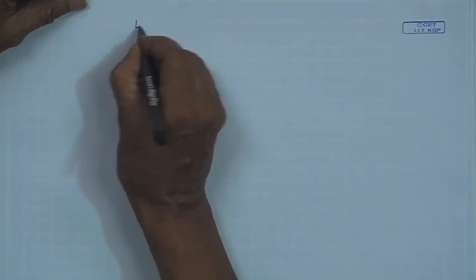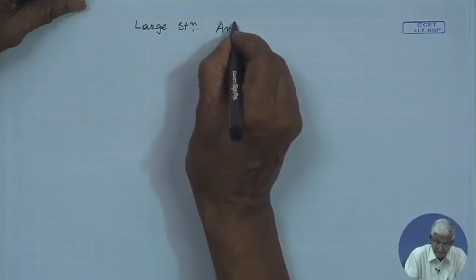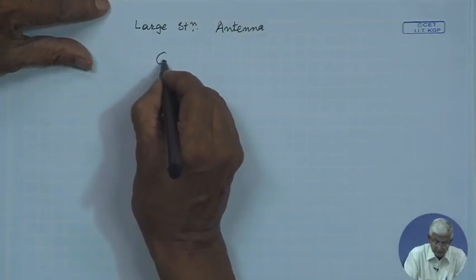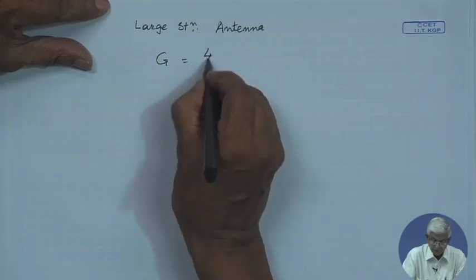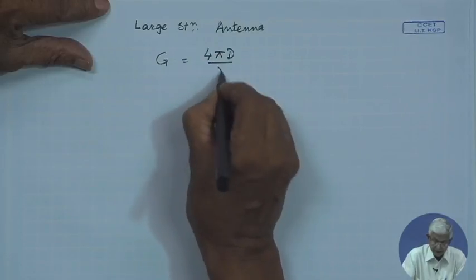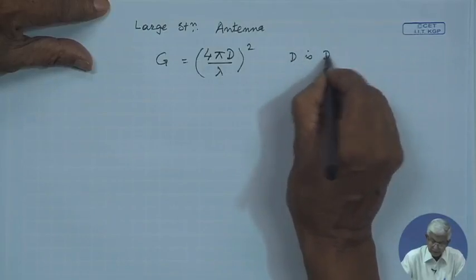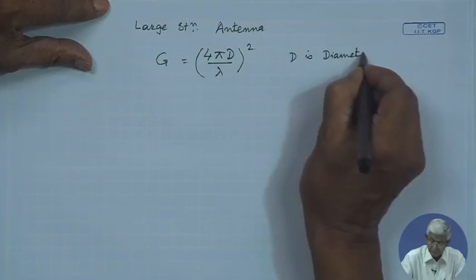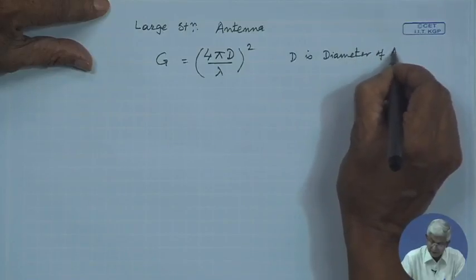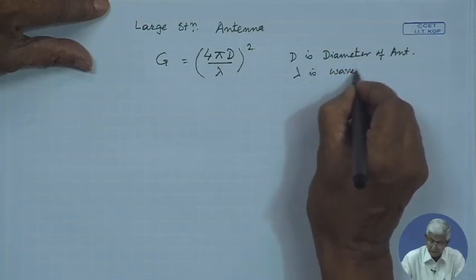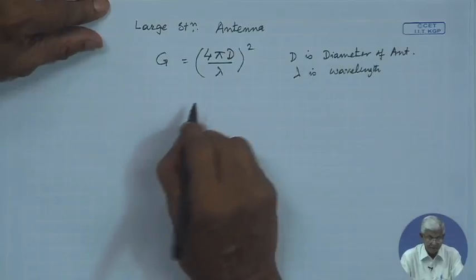Now, let us look at the larger station antenna. We remember this relation, gain is (4 pi d by lambda) square, where d is the diameter of the parabolic antenna and lambda is the wavelength for that particular frequency of operation.